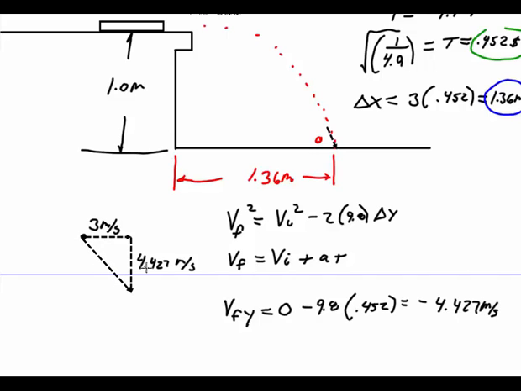going to be the magnitude, and to find the magnitude I just use the Pythagorean theorem. My V final at impact is going to equal the square root of 3 squared plus 4.427 squared. I take the square root of that, so we'll do that real quick.